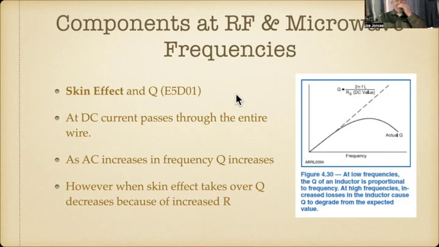So as the frequency goes up, it gets closer and closer to the outside edge of the wire. If you're working on a 2-meter rig and you're trying to build a power amplifier, you might as well use copper tubing rather than solid wire, because all the current is running on the outside edge.